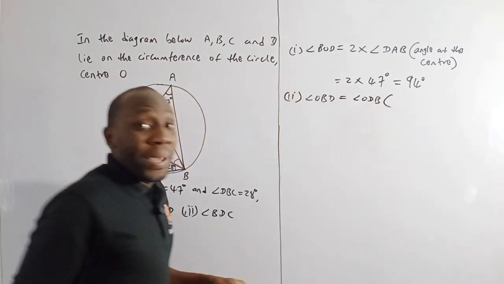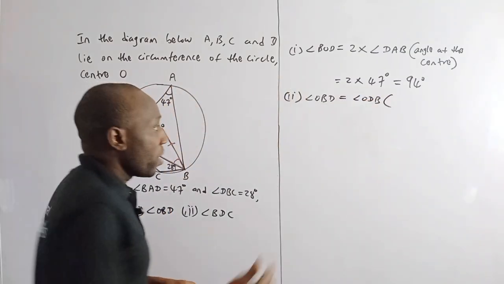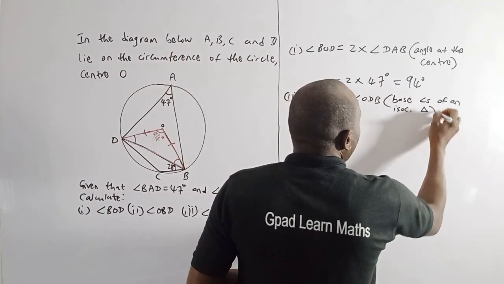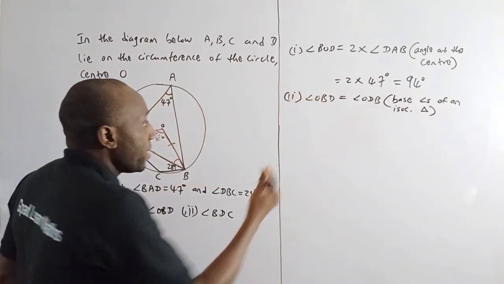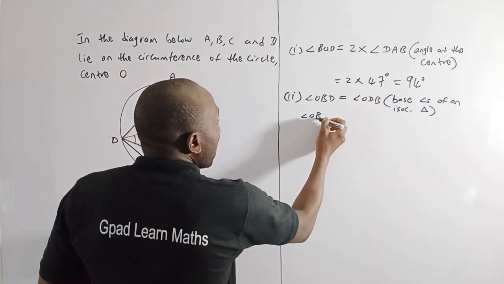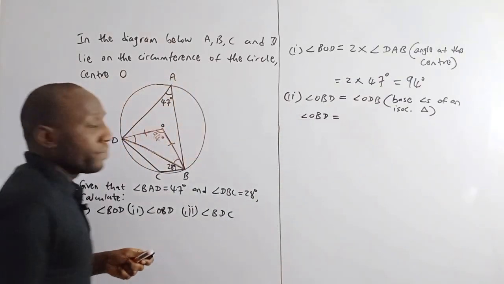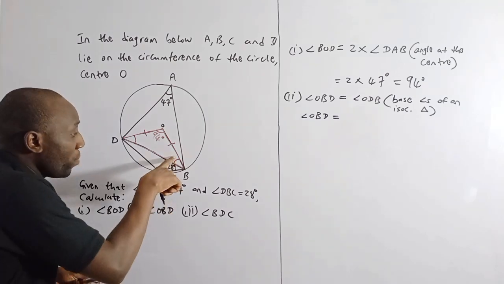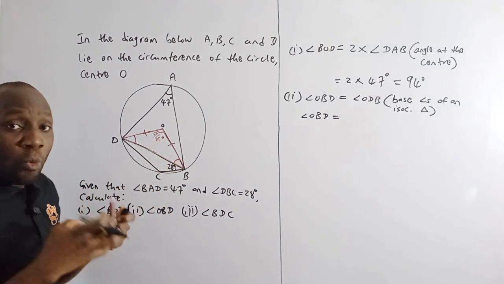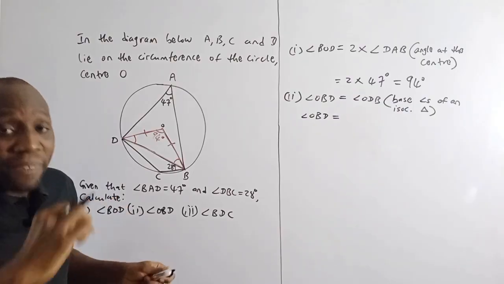The reason is: base angles of an isosceles triangle. Since we're interested in getting angle OBD, remember, I will have to subtract 94 from 180 degrees and divide it by 2.